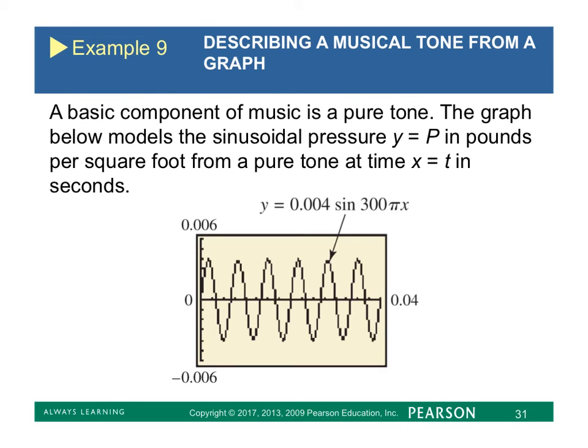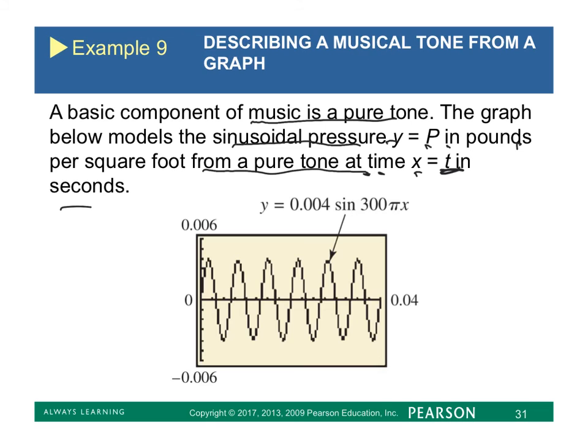Number 9. Describing a musical tone from a graph. A basic component of music is a pure tone. The graph below models the sinusoidal pressure y equals p in pounds per square foot from a pure tone at time x equals t in seconds.